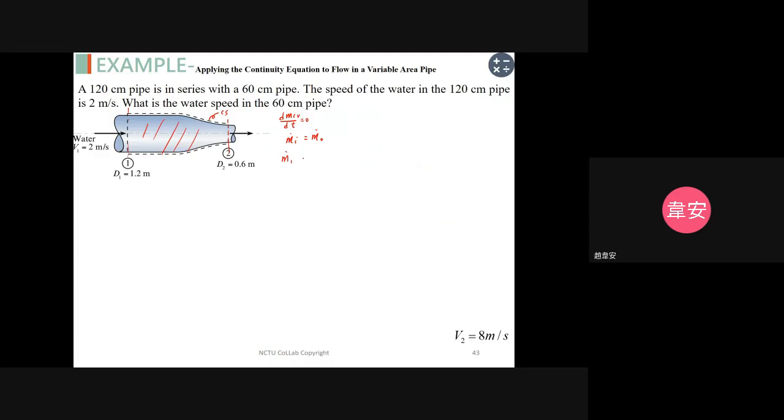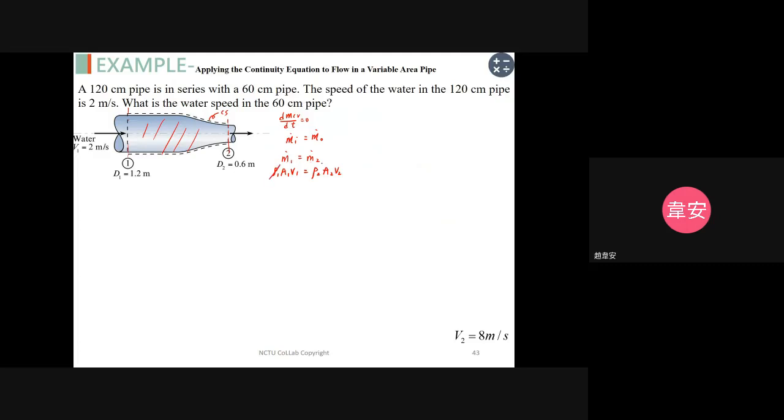So the m1 rate is equal to the m2 rate. Okay, so we know that rho 1 A1 multiplied by V1 is equal to rho 2 A2 V2. And we assume this is ideal flow, so the flow condition is incompressible.